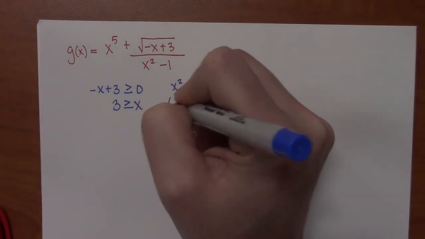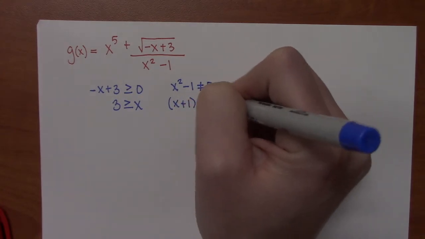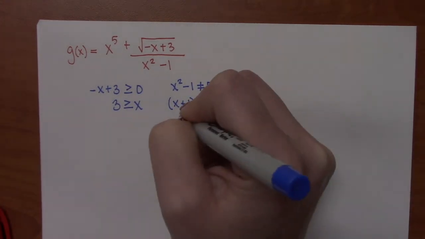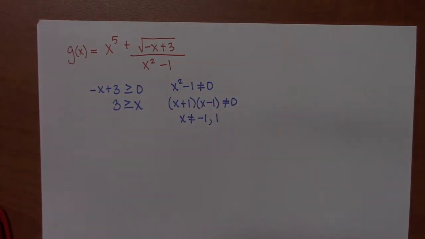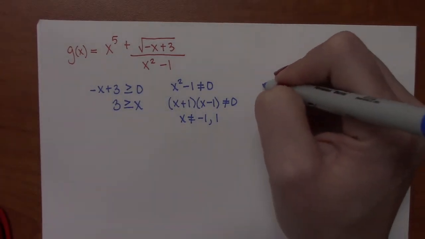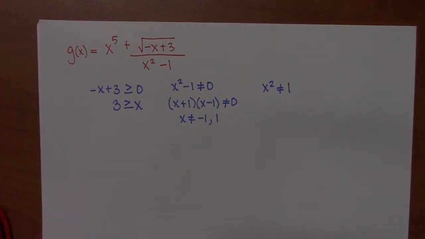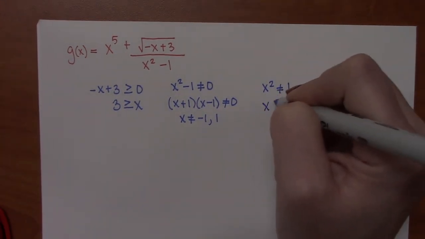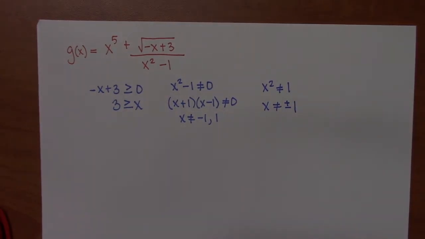And you could say, well, I'm going to factor this, right, to a plus b, a minus b, and then from there, you can see, right, that x isn't allowed to be negative 1 or 1. The other way you could have done this problem, and it would have been perfectly fine, is you could have added 1 to both sides and said x squared cannot equal 1, and then from there taken the square root of both sides, right, and said, well, x can't be plus or minus 1. So both paths would get you there.